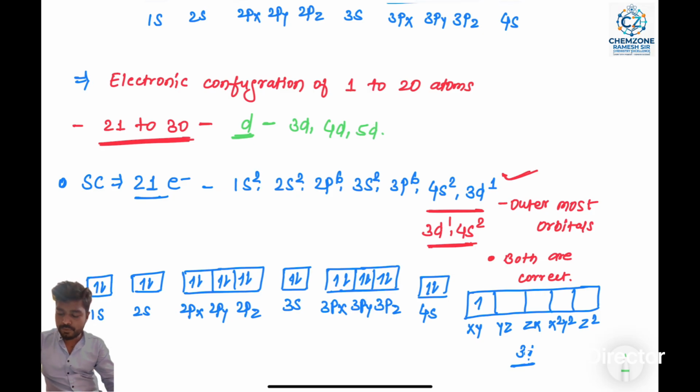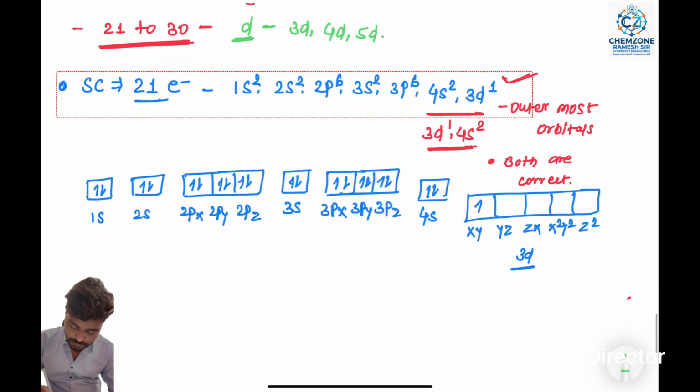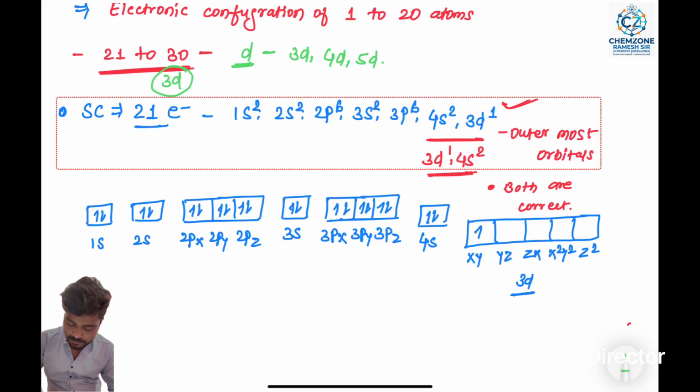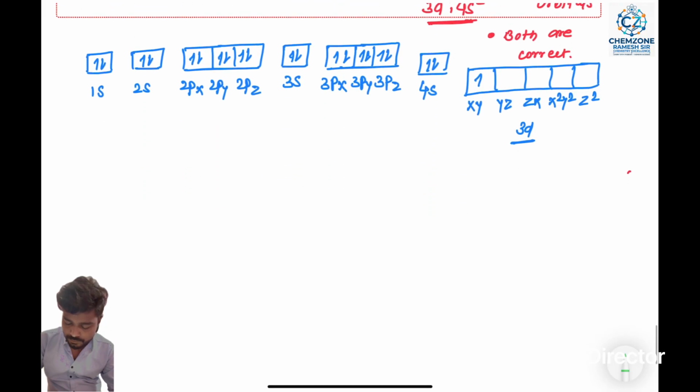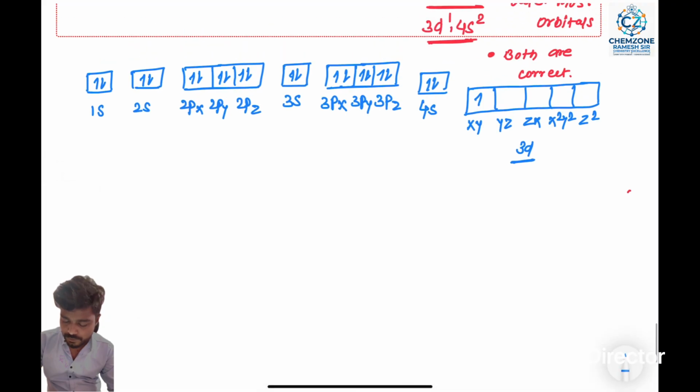So 21 to 30, that is the 3d series. Starting with scandium, then next one is titanium, Ti, that is the symbol of titanium.